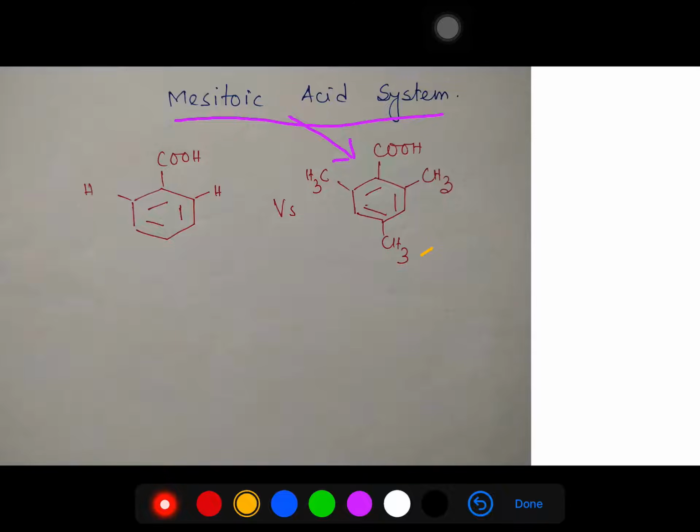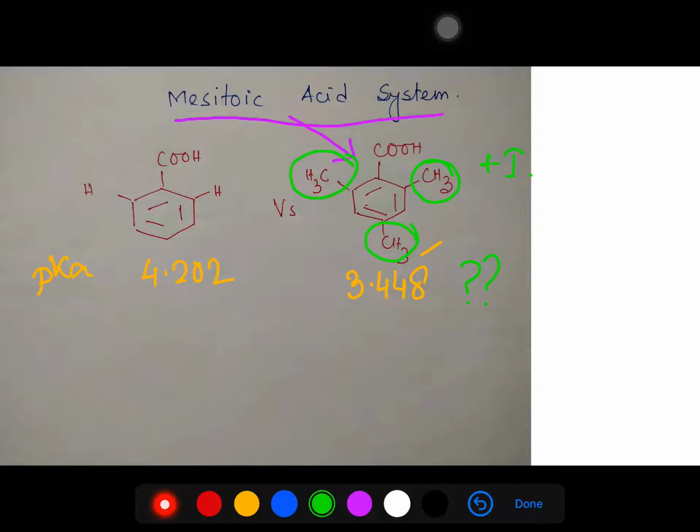By the way, one important piece of information, let me give you the pKa values. The pKa of benzoic acid is 4.202, whereas mesitoic acid is 3.448. A simple question comes: why? Because we can see there are three methyl groups attached to the benzene nucleus, and we know these methyl groups have a plus I effect. What do I mean?